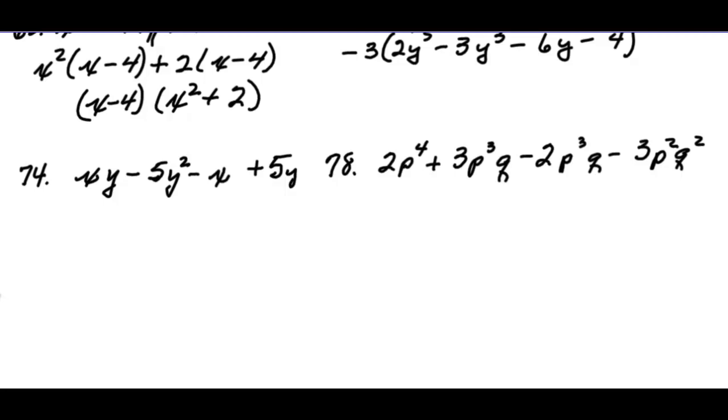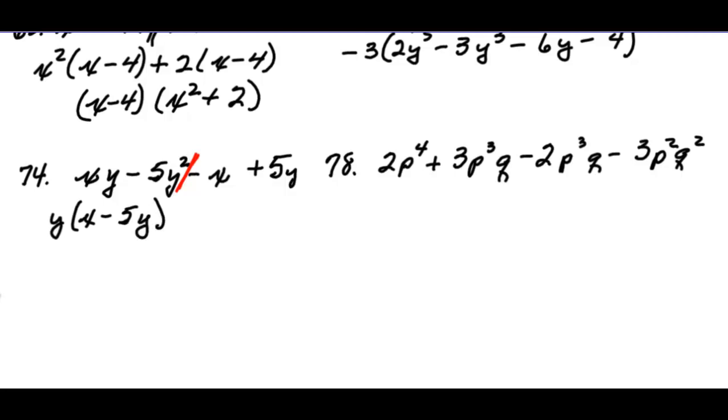So let's just take a look. Right here, we're going to split this right there. In the first 2 terms, we've got common to both of those just y. We don't have x's in both terms. We don't have numbers in both terms. All we have is y. What do we have left? x minus 5y.